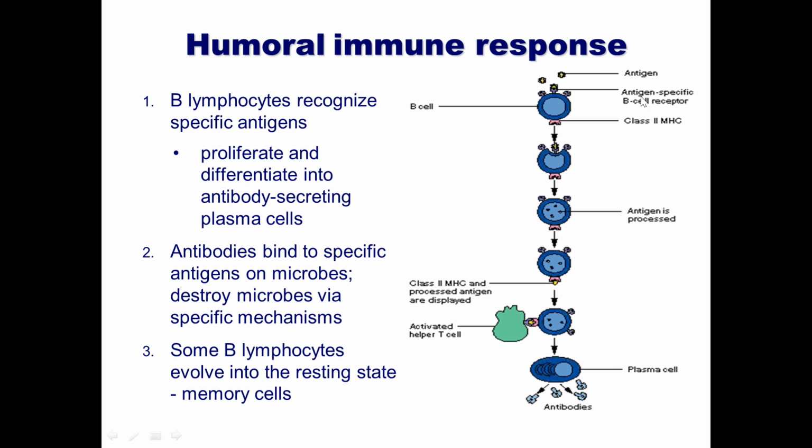See the diagram. This is the antigen, and this antigen has peptides. This is a B cell. This B cell has class 2 MHC. This class 2 MHC recognizes this antigen, whether it is self or non-self.